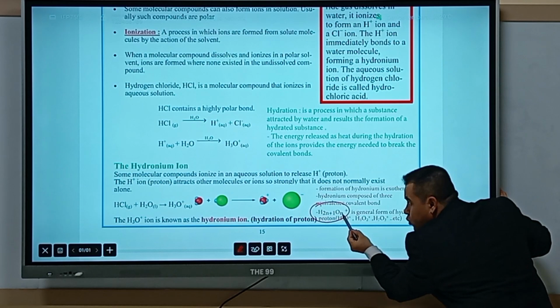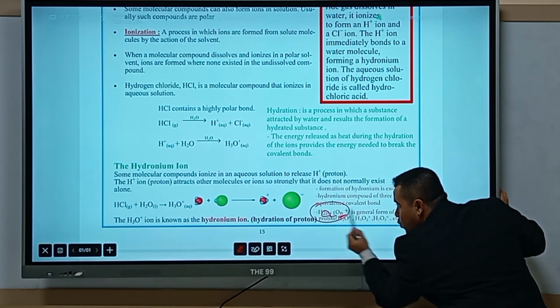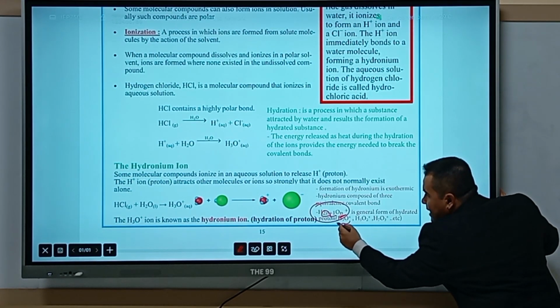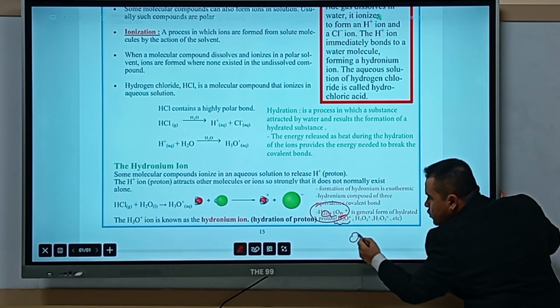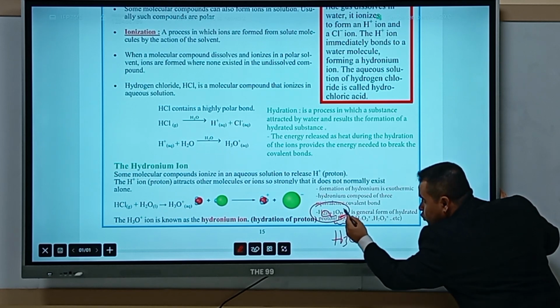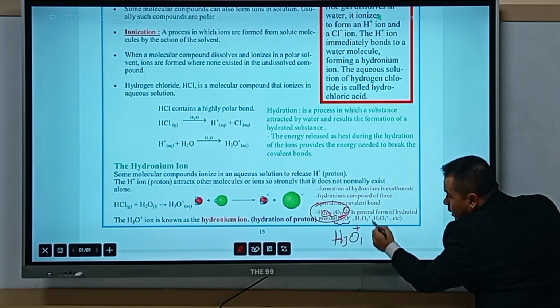The number of oxygens is n. In order to get the number of hydrogens, multiply n by 2 and add 1. For example, here H3O+: oxygen is 1, hydrogen is 1 multiplied by 2, 2, plus 1, 3, and of course there should always be a positive charge.